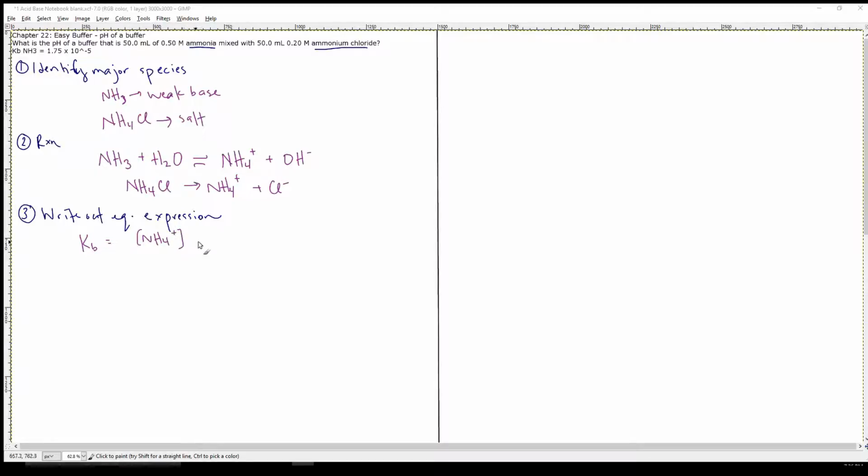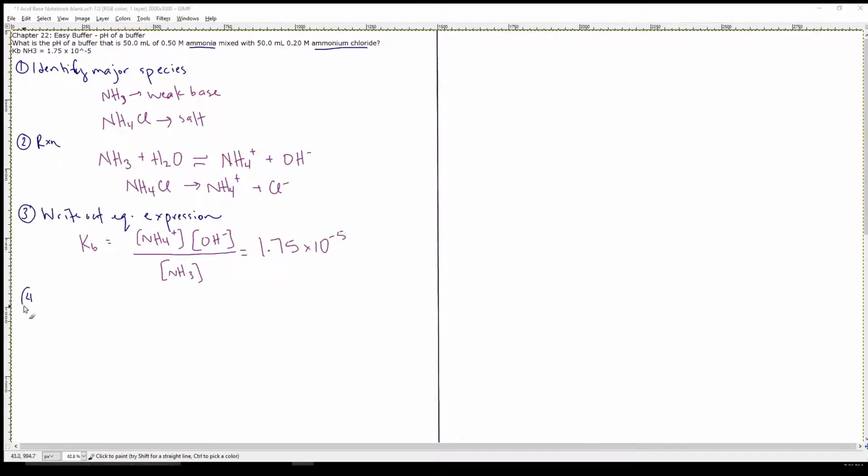Now remember, this is a buffer, OH minus, so some of those ammonium ions are going to be supplied by that salt, which is going to cause it to not use up as much of the ammonia in the reaction. Alright, so let's see, what's our Kb? It's given, 1.75 times 10 to the negative 5.